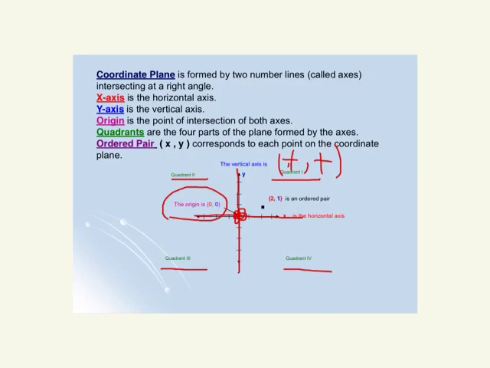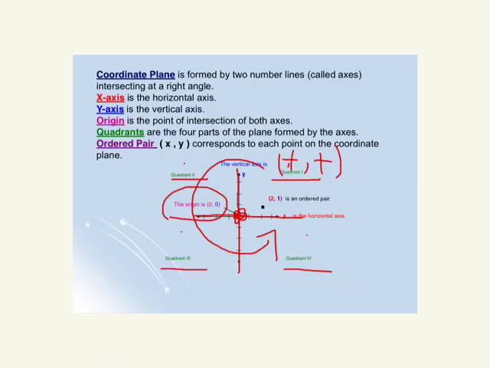That's why that one starts out as quadrant 1, and then we just go in a counterclockwise manner to number them 1, 2, 3, 4.